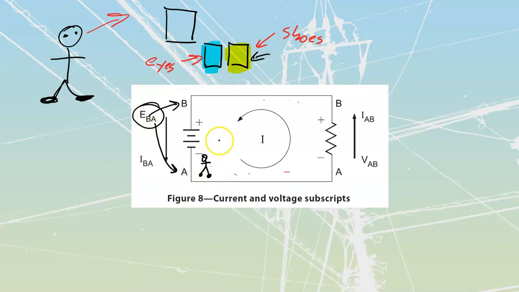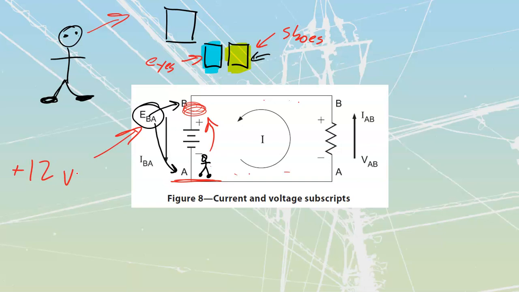I'm looking over here to B. So we're going to give some red laser eyes, and I'm going to be looking over there to B. If I was standing at this point in the circuit, looking up to there, I would say that that point over there that I'm looking at is more positive. So therefore, my value, my EBA, is going to be seen as being a positive value. Let's give it a value over here. We're going to call this thing plus 12 volts, okay? There's nothing that says it's 12 volts. We're just assigning an arbitrary value to that battery that we have inside of the system.